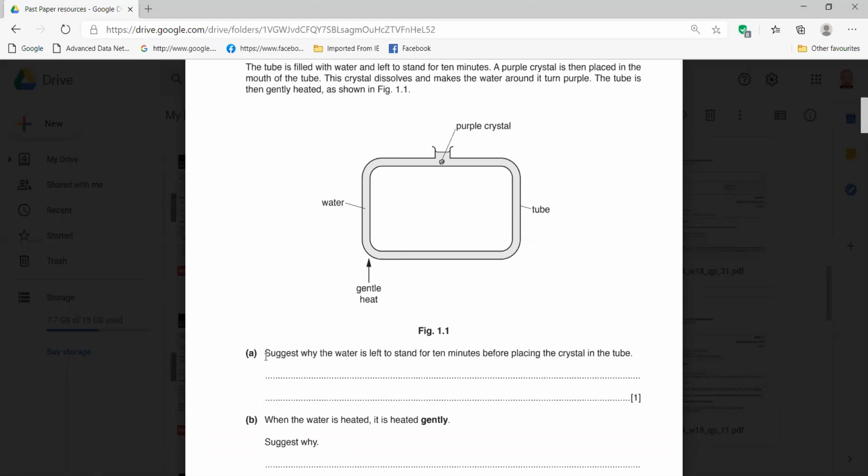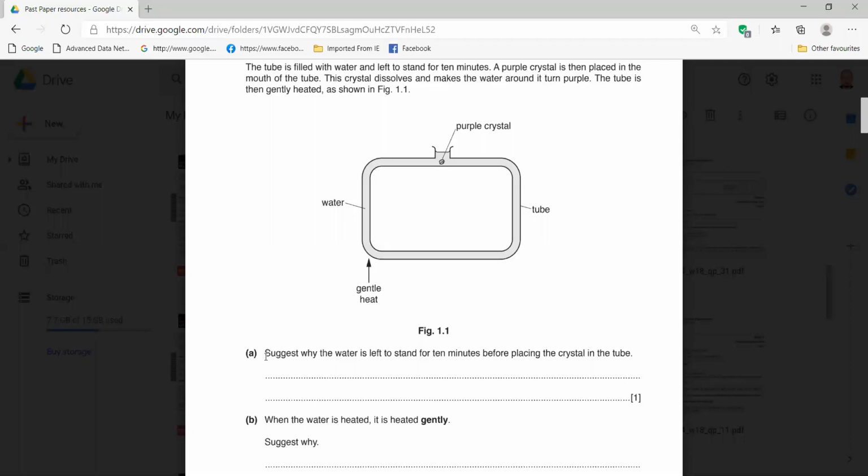Okay, so what will this crystal do if you place it in the water? What will happen? It will dissolve. Yes, very good. It will dissolve. But if the water is not still, if there is any shaking of water molecules, then what will happen?